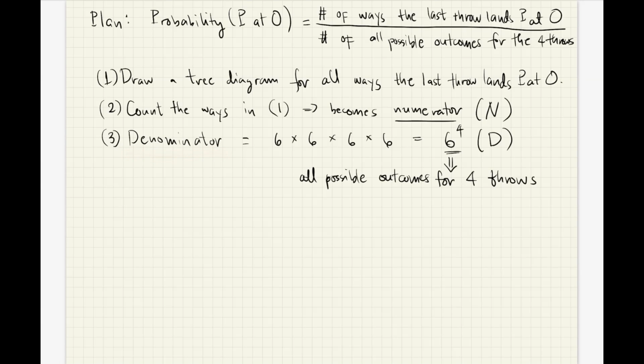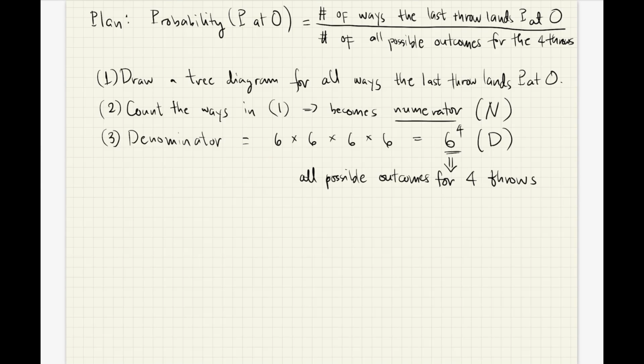But the denominator is quite easy to determine because we have 4 throws. So there's going to be a first throw, second throw, third throw, fourth throw. And for the first throw, there are 6 possible outcomes, right? It's 1, 2, 3, 4, 5, 6. All the faces of the die have equal probability of getting rolled.